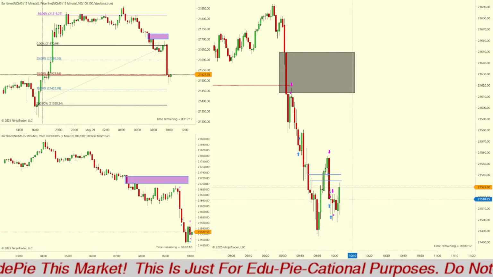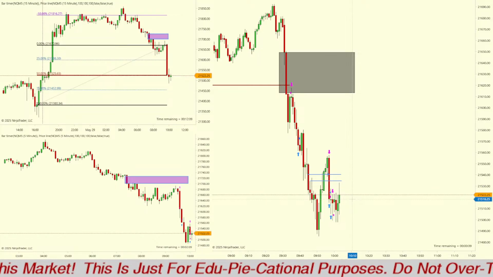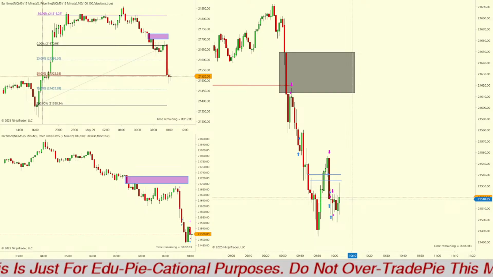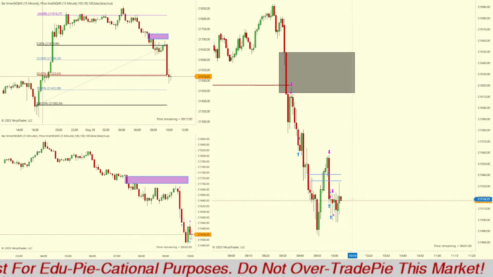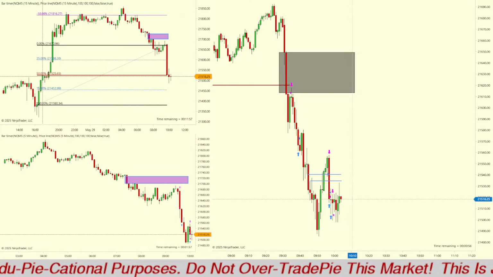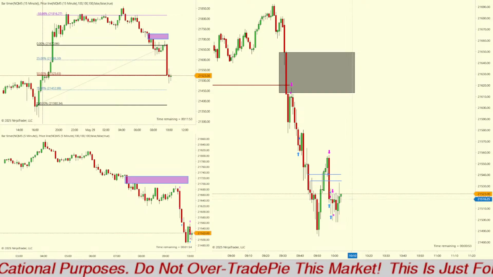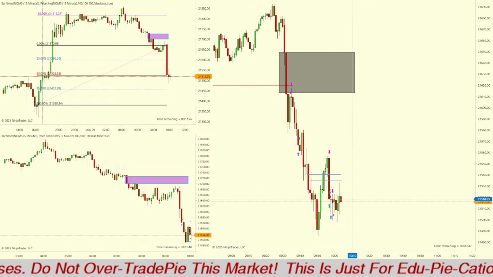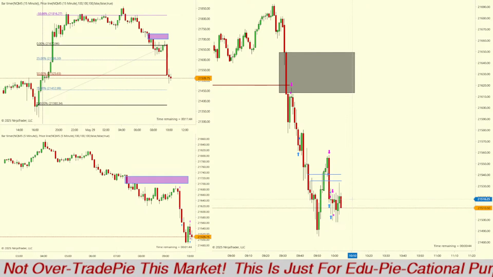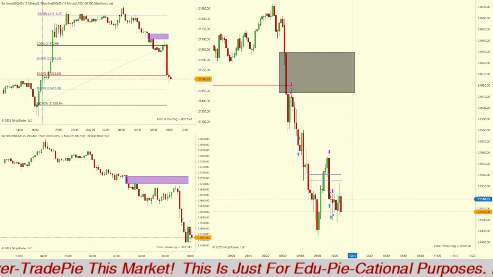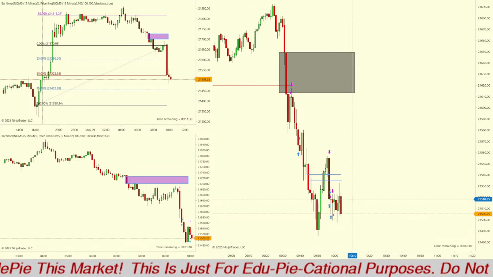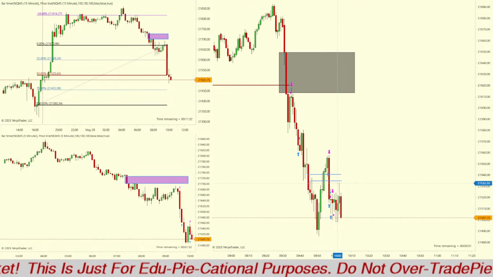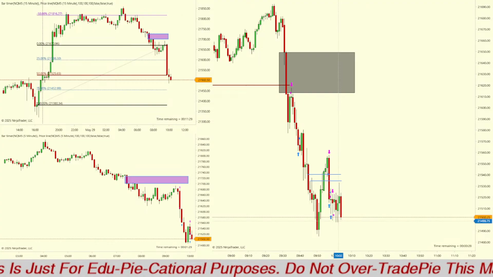Once again, a very nice reaction after tapping into this FVG over here from this candle and going lower.